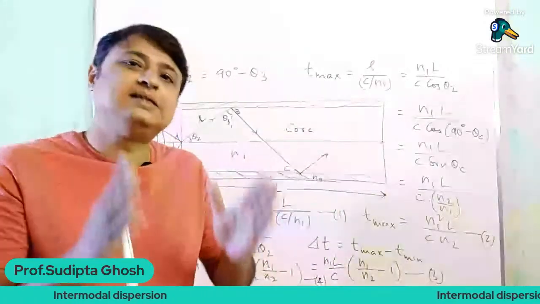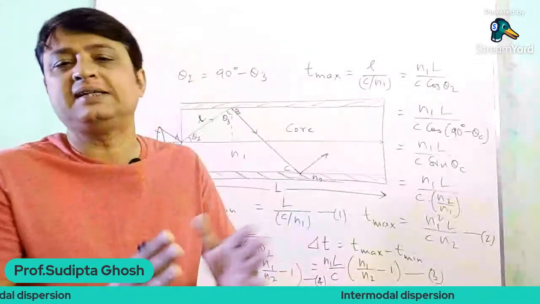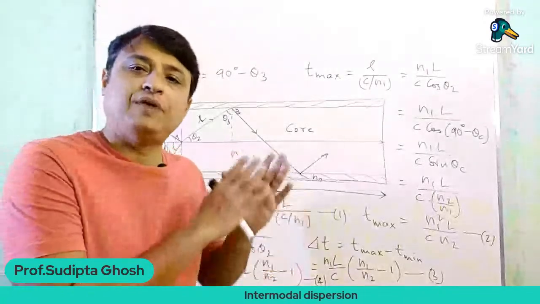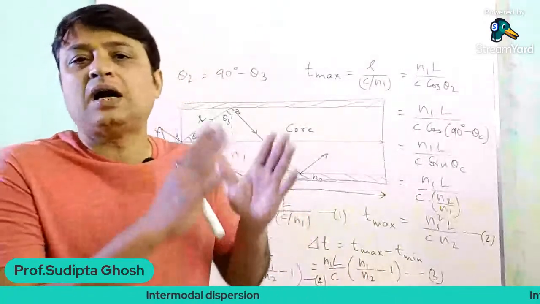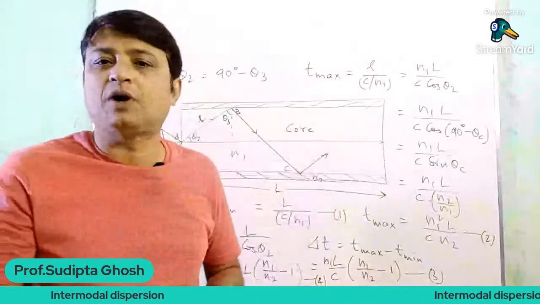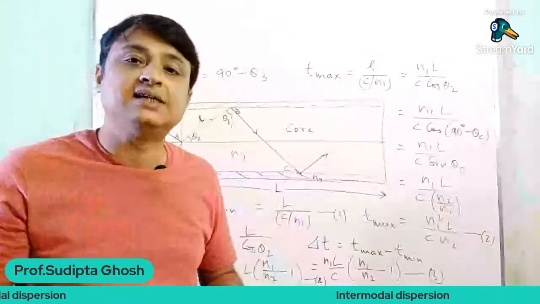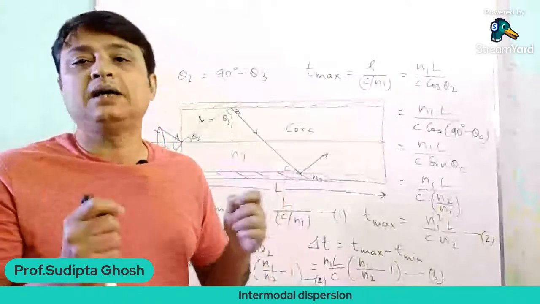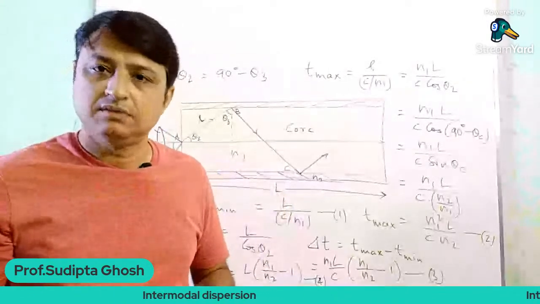So there is a restriction on the frequency of pulses used in this type of communication, and this arises due to the intermodal dispersion.